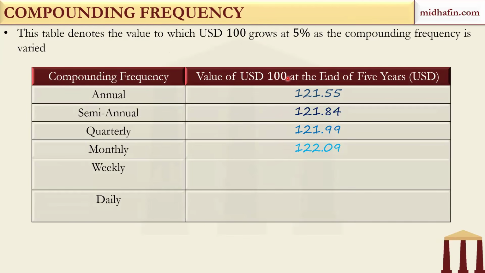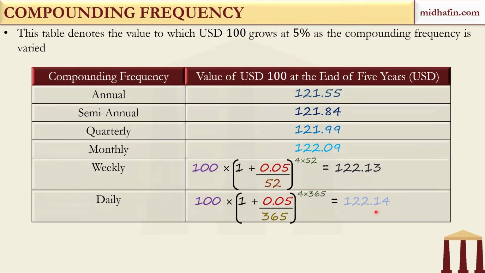The value of $100 is increasing as the compounding frequency increases with the same interest rate. If you want to calculate for weekly, you divide by 52 and multiply by 52, so it will be 122.13. This will be 122.1, but it is converging to a number. You can see that it is increasing and converging to a number.